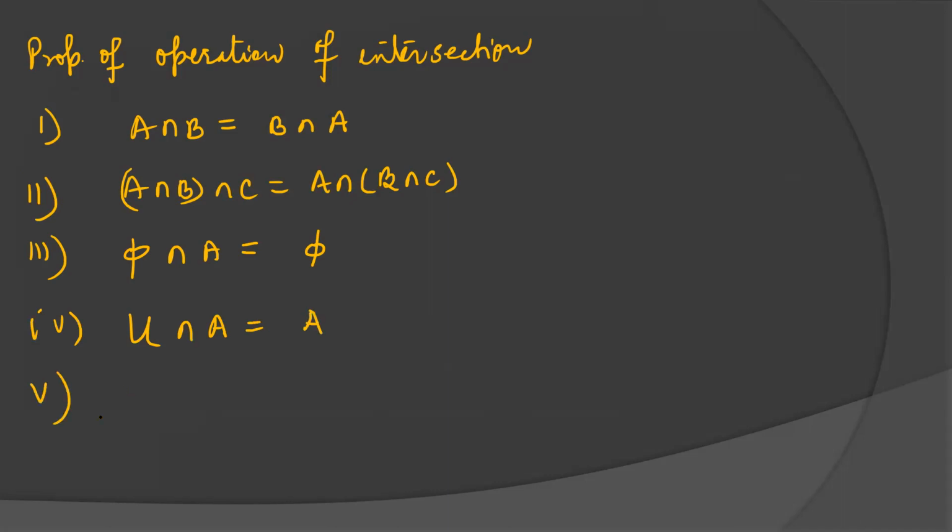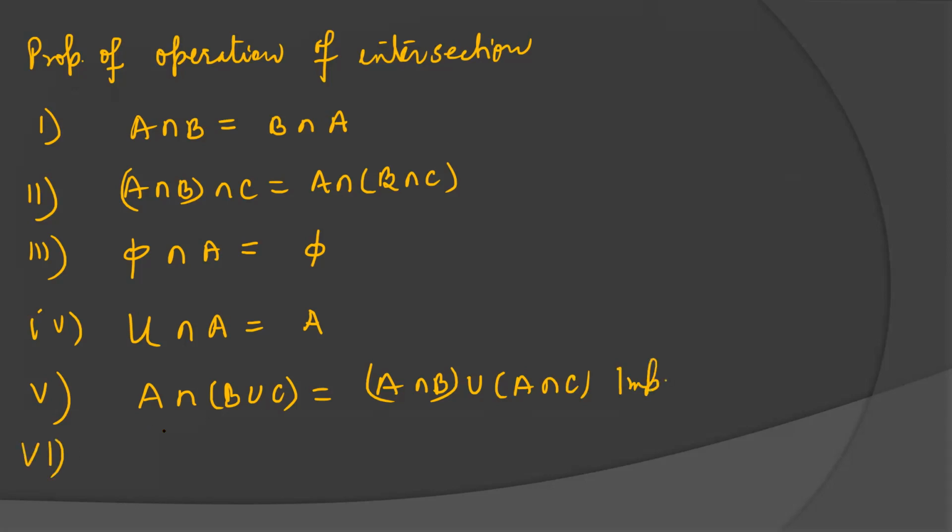And one most important property is the distributive property: A intersection B union C will be A intersection B union A intersection C. This is the important property called the distributive property. See, if you take the set itself, both sets are the same, then the intersection will be the same here. One important remark is there.